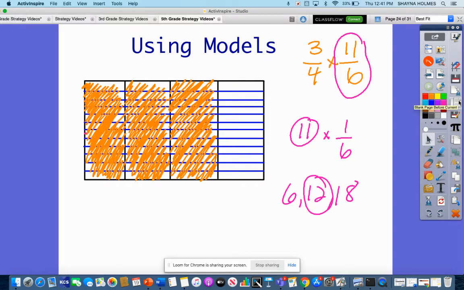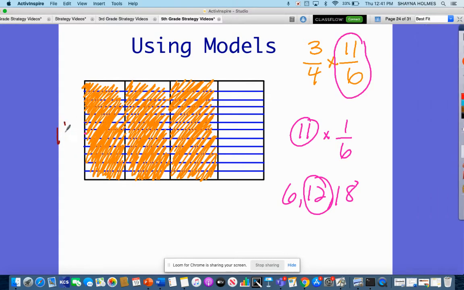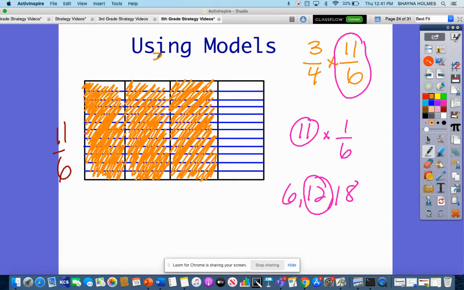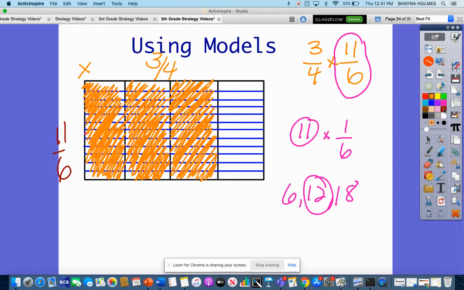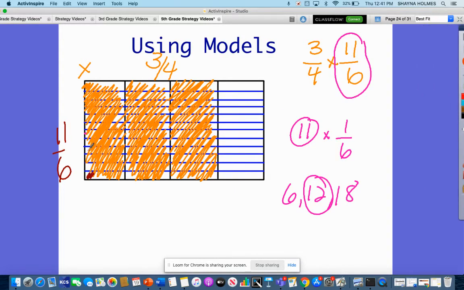So now that I've got, so that just looks so much better, I feel like. I'm going to shade in 11 of these going across. So this would be 11/6. Oh, let me put my 3/4 at the top. 3/4 times 11/6. So I'm going to shade in 11 of these. Let's see, 1, 2, 3, 4, 5, 6, 7, 8, 9, 10, 11.